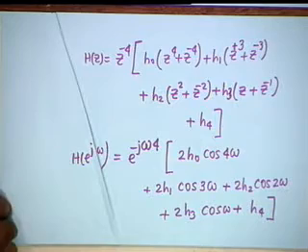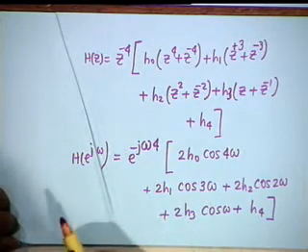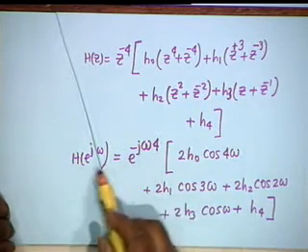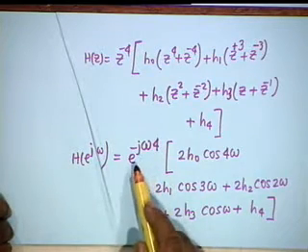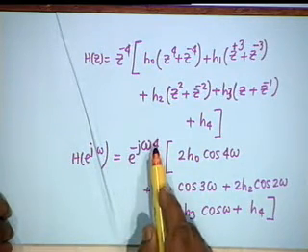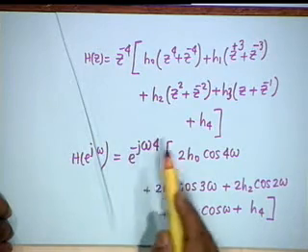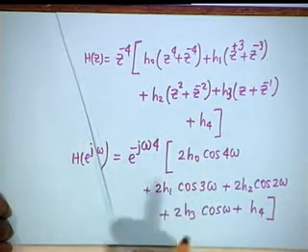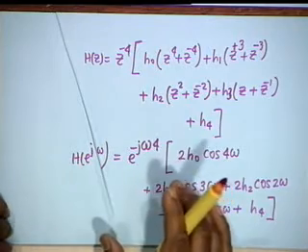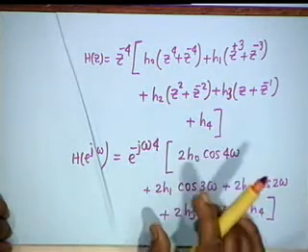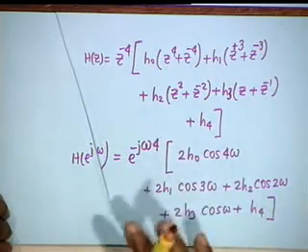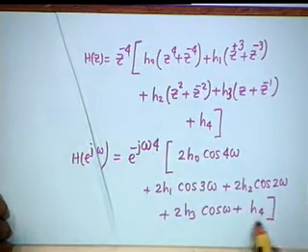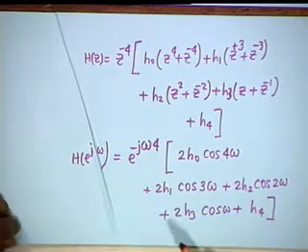All right. You can see that the quantity H of e to the j omega has e to the minus j 4 omega, which says that the phase is minus 4 omega plus a constant which can be 0, pi, 2 pi or 3 pi depending on the sign of this real quantity.